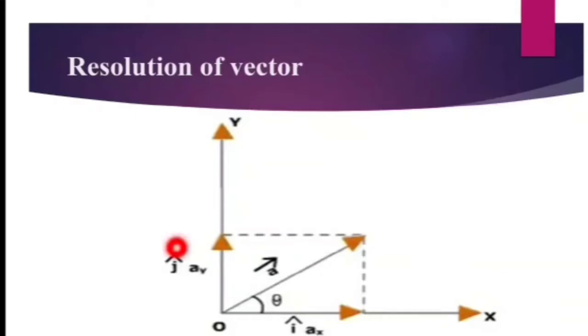So here we are considering the vector A, and the vector A is making an angle theta with the x-axis. So it has two components. Along the x-axis the component is given by Ax i cap, and along the y-axis the component is given by Ay j cap. The values of these components: the x component is A cos theta and the y component is A sin theta.